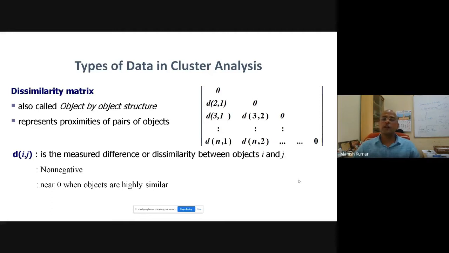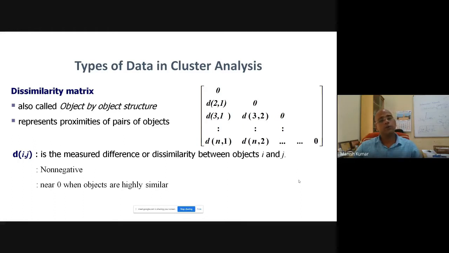This distance calculation depends on what type of data you are using, because multiple attributes may contribute to a single data point. Whenever you talk about distance calculations, all these multiple attributes should participate, and that is why we require some sort of spatial data types for clustering analysis, or even for simple analysis.